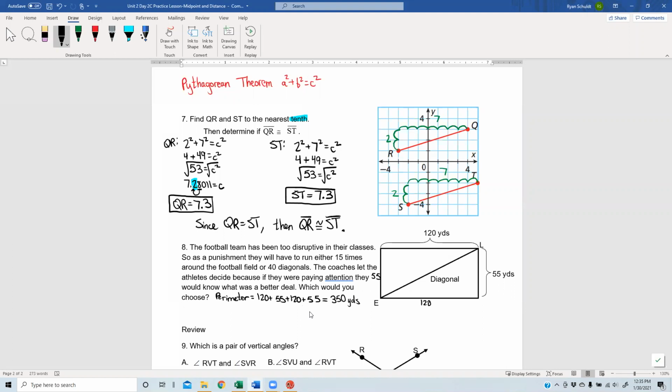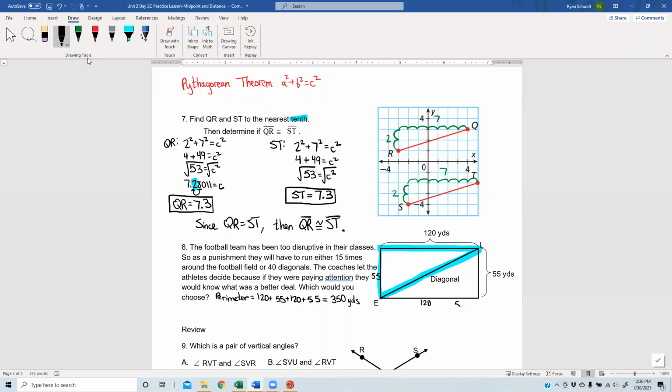Now, before we really get into the punishment itself, we know we're going to need the perimeter. We're also going to need the diagonal over here, and the diagonal here. So if I focus on just one of the triangles here, I can find the length of that diagonal.